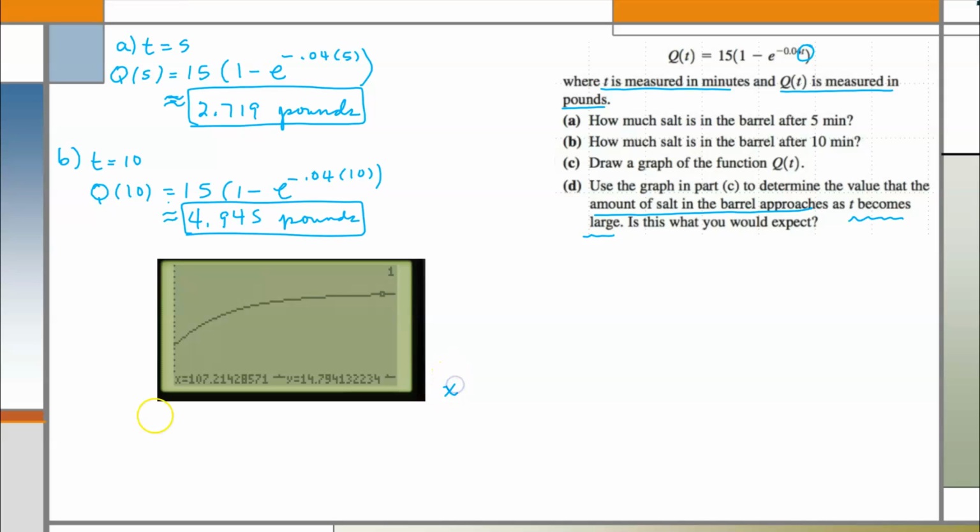The x-axis is probably about 0 to 107, so I'm going to call this maybe 110. And y is not quite at 15, but if we were to trace more, or look at maybe a scaling, it's leveling off at 15. Draw the graph. The amount of salt approaches 15 pounds.